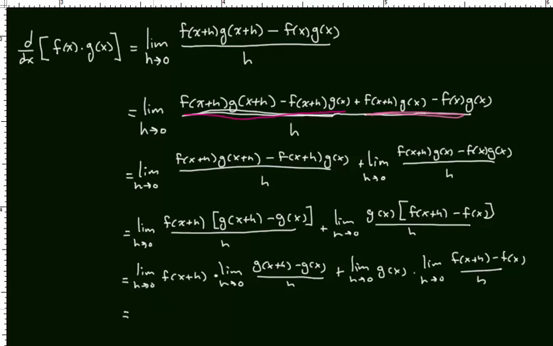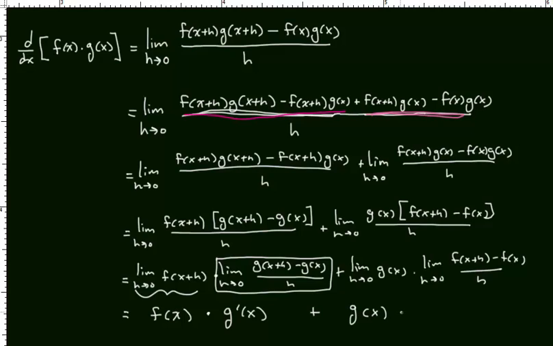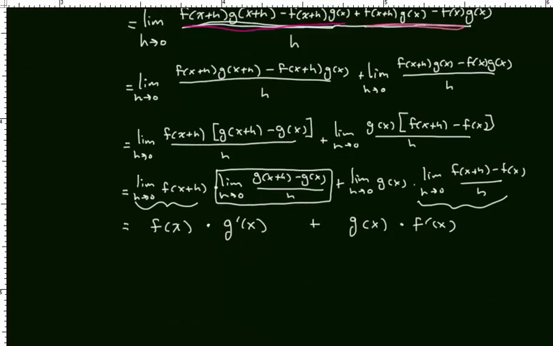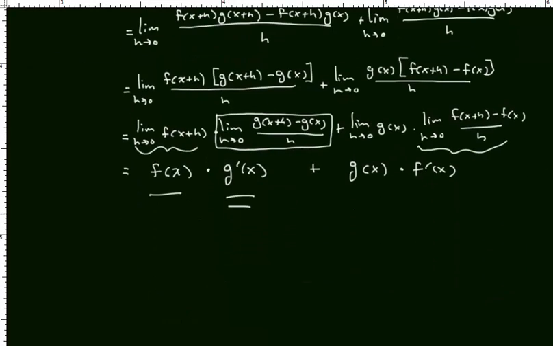The limit as h goes to 0 of this particular term is just f of x, or first term. And then this you should recognize right away as g prime of x. Plus the limit as h goes to 0 of g of x is simply g of x, times this here is f prime of x. Look at that, y'all. First term times the derivative of second plus second times the derivative of the first. We just proved the product rule.